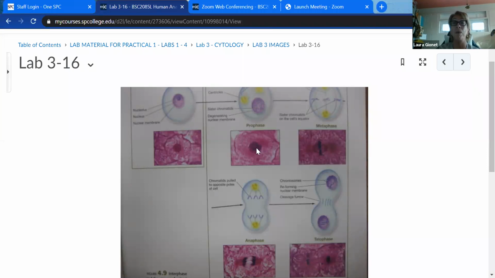Over here, it would be a very dark, inky purple. And you can see that it's no longer a nice round mass of a nucleus. They're actually starting to unravel and move, which implies that there's no nuclear membrane keeping it like a nice tight ball. All right, metaphase, chromosomes line up in the middle.